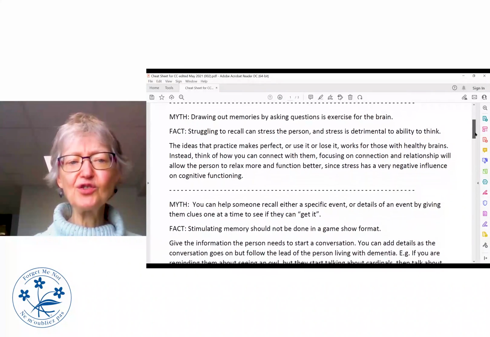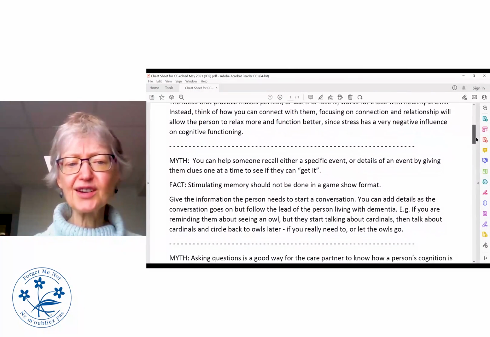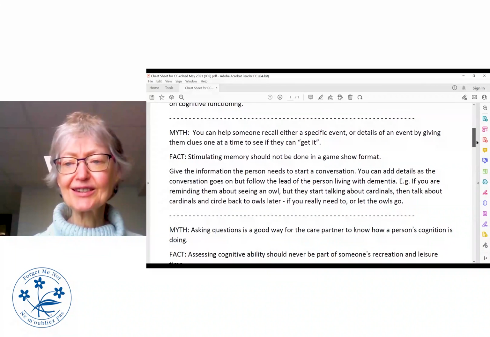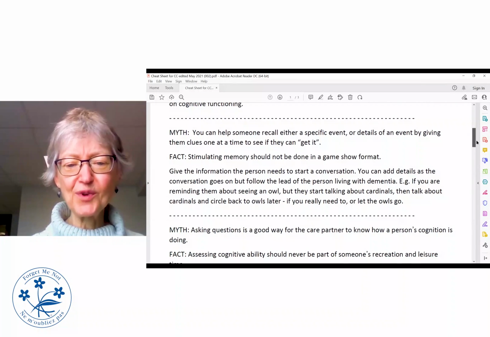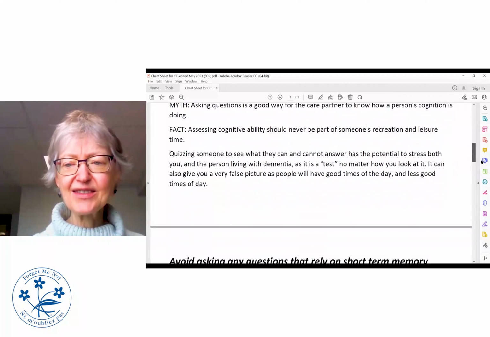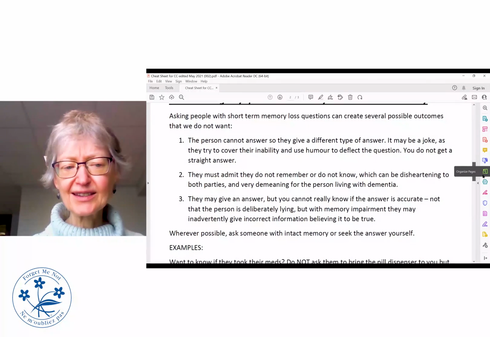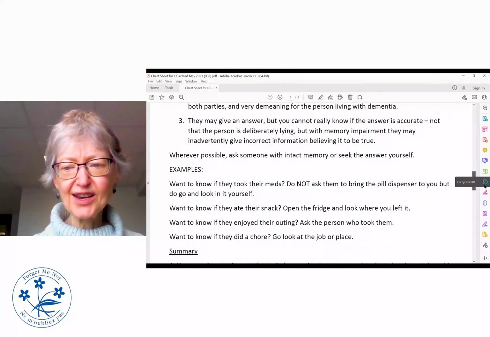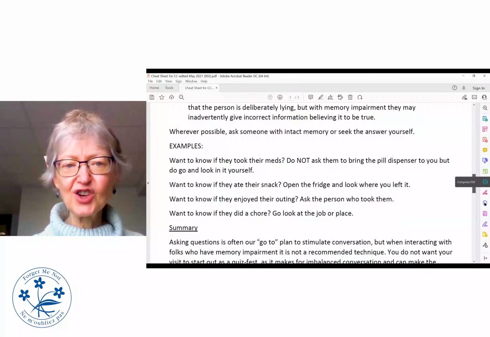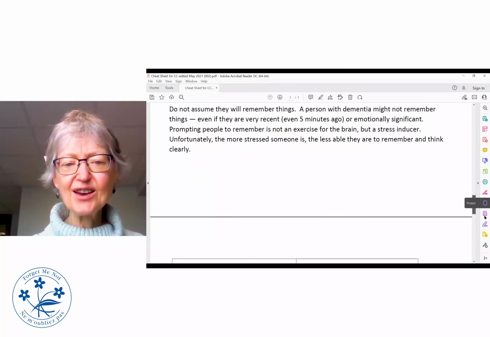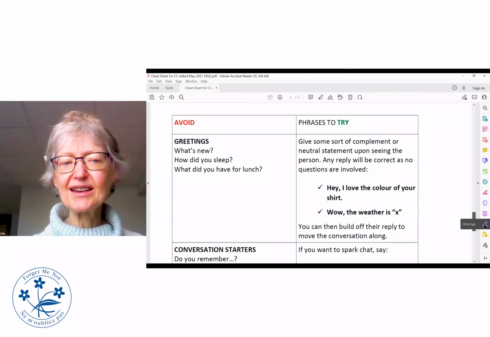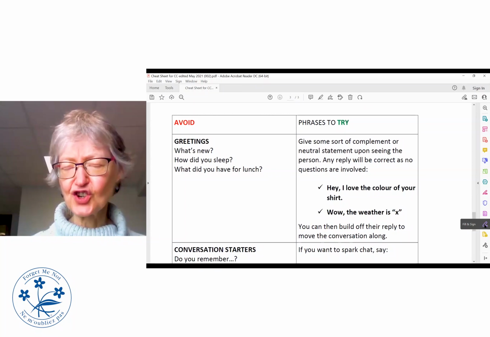So what we've given you is the shortest possible synopsis of the facts that we went through. And then at the end, here are some things to avoid: asking questions that rely on memory. We give you a little summary, and then we've got the things to avoid and the things to try.